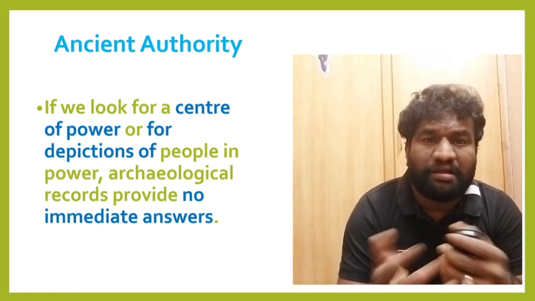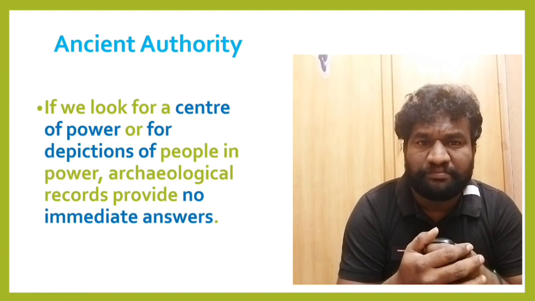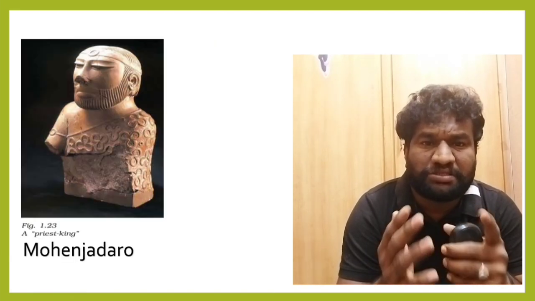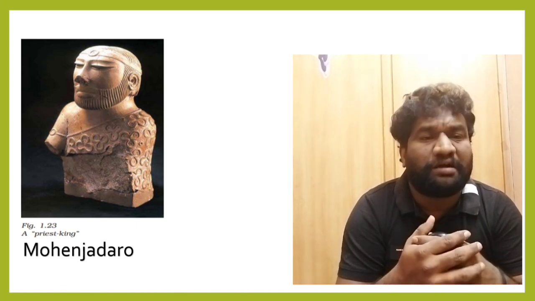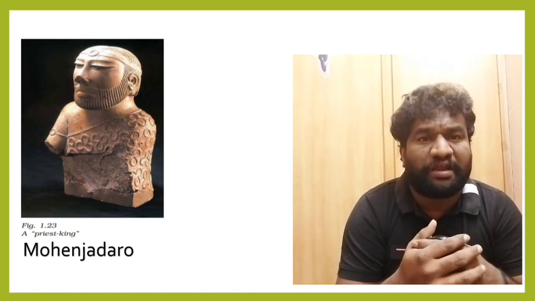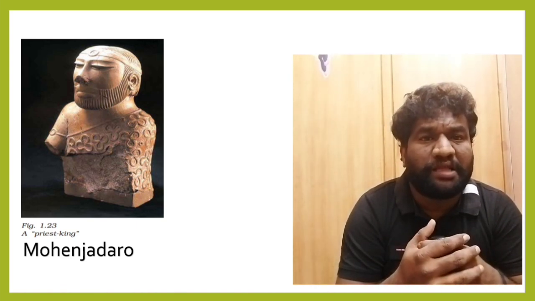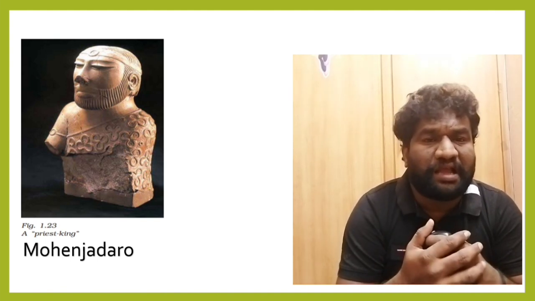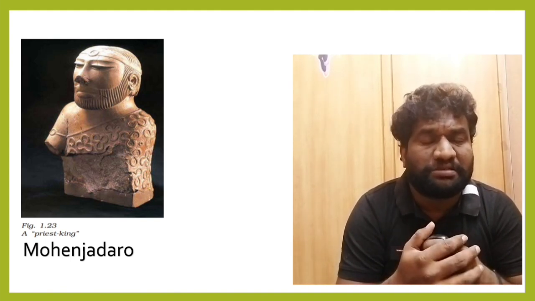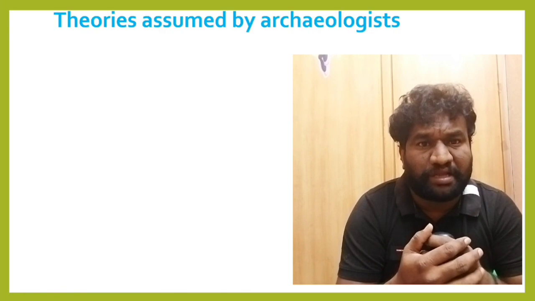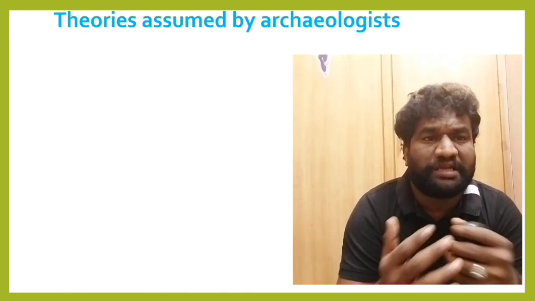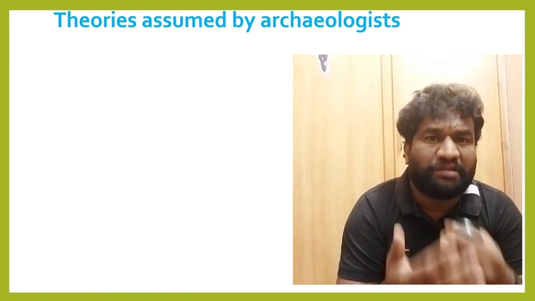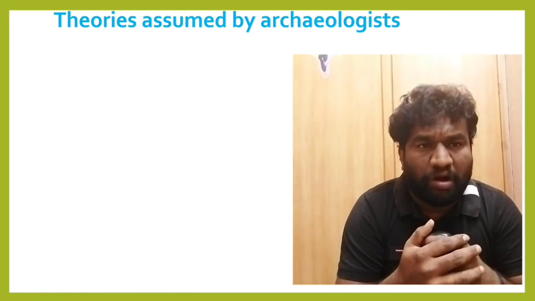That's why the immediate answer is no. Next, the priest king. If we look at this terracotta figurine, this is actually a priest king. It has been found in the Mohenjo-daro area. So what are the theories assumed by archaeologists about this Indus Valley civilization?